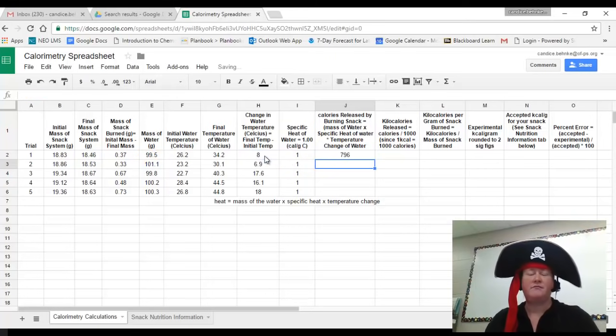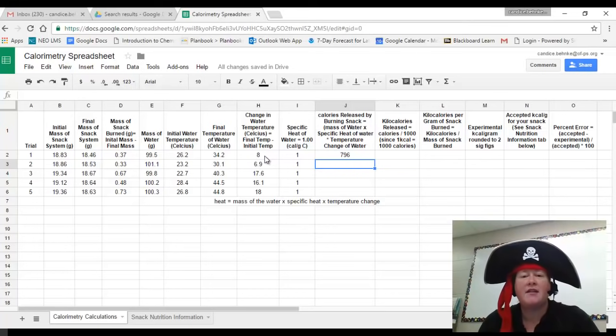And I hit enter. So for my first trial, there were 796 calories released by the burning snack, and that heat was absorbed by the water in the calorimeter, or in the can.